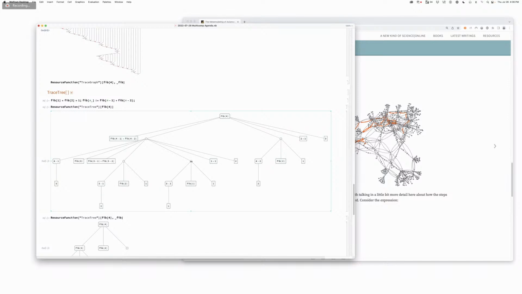Recall the evaluator. I claim a dot is a recursive call to eval. What do people think about that claim? So these round nodes are the beginning of a subsidiary evaluation. Right, so it's a recursive call to the evaluator.